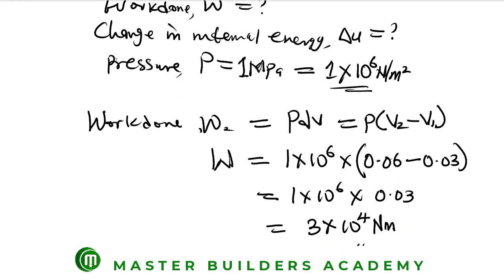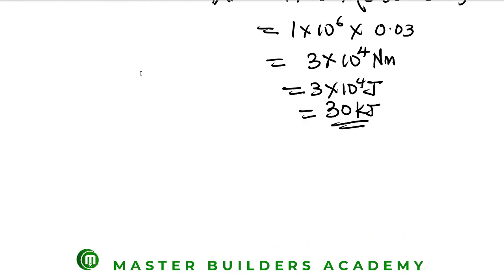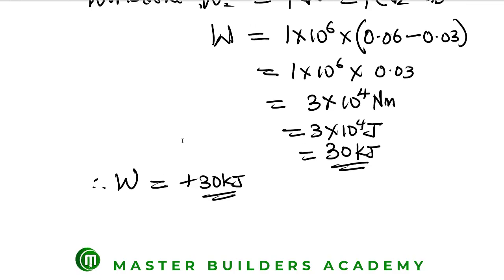So in summary, work done will be equal to plus 30 kilojoule. Why? Because in an expansion process, it is the system that does work.